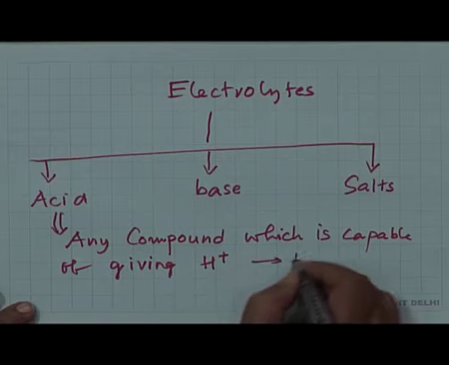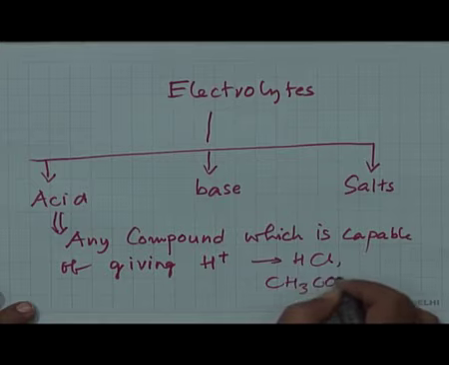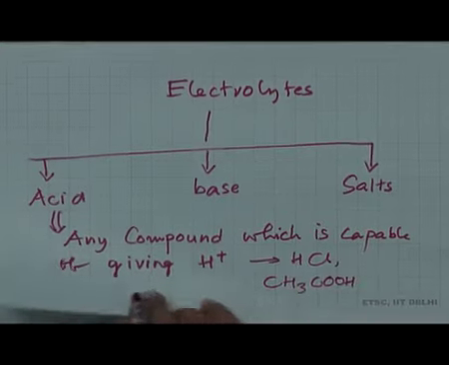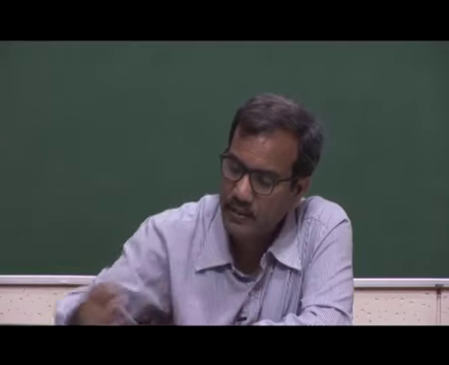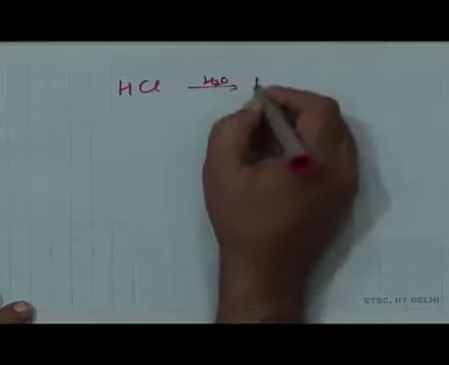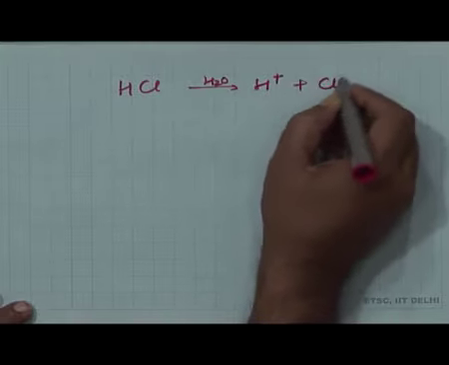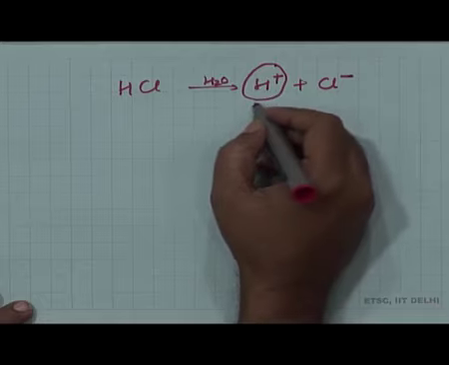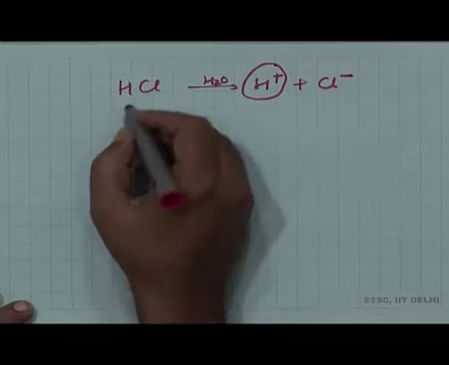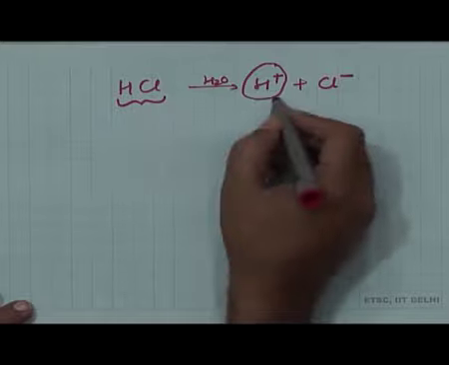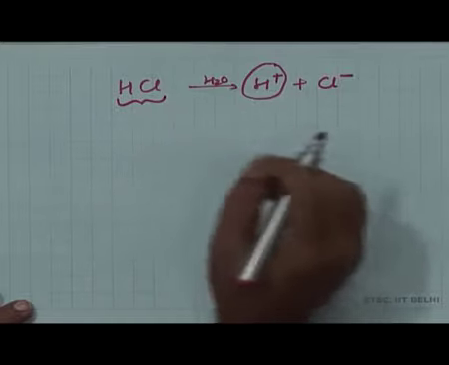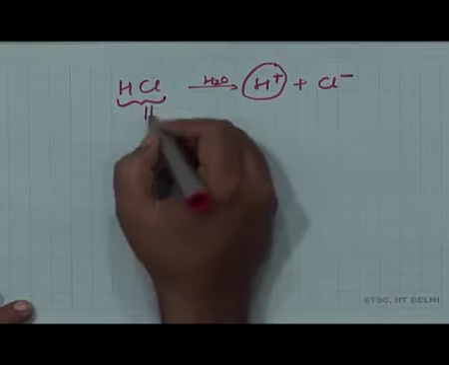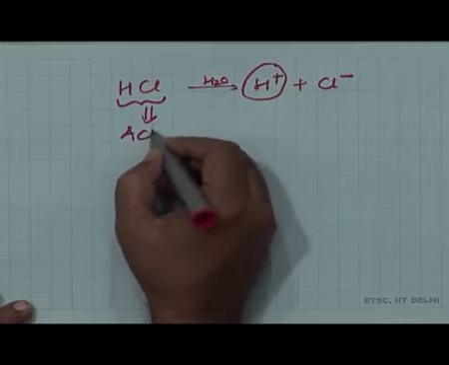For example, HCl, acetic acid. So HCl in water gives you H plus ion plus Cl minus ion. Since H plus has been given by HCl, HCl is capable of giving H plus ion, HCl is an acid.